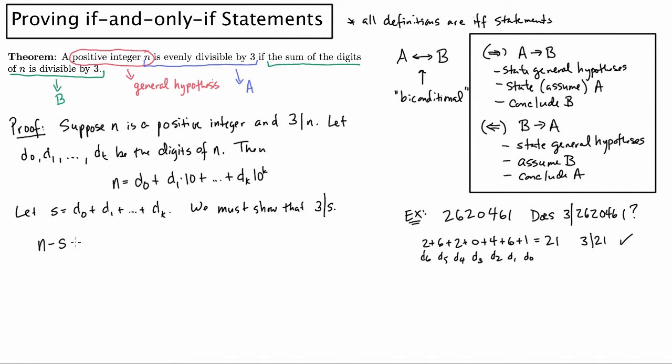So if I take n minus s, then this is just writing down what each thing is at this point. It's this, and what you notice is that I can pull pieces away from n via s, meaning that if I actually do the subtraction here, what you end up with is d1 times 9, because d0 minus d0, the first digit cancels.